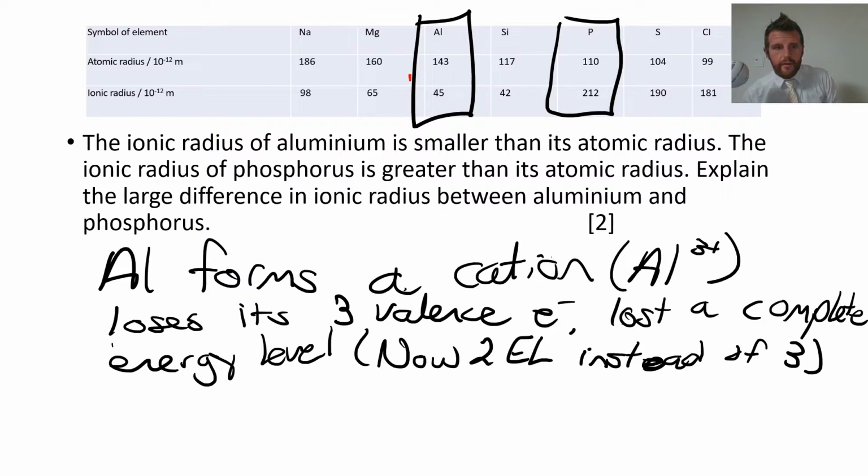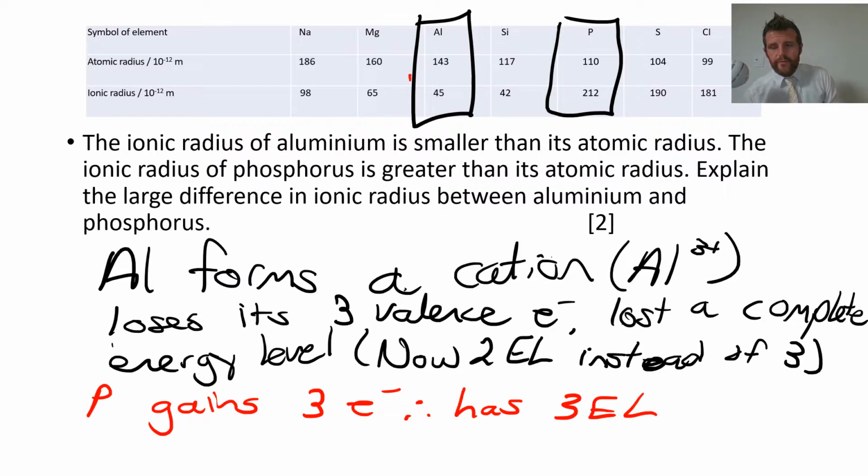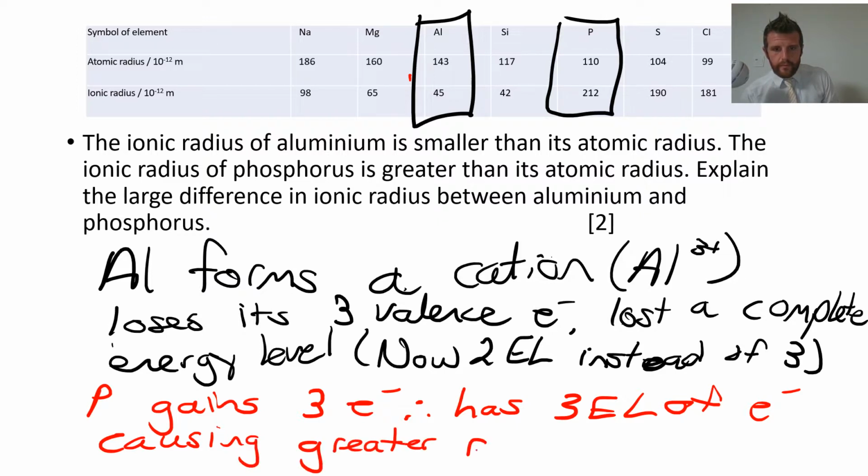Phosphorus, on the other hand, gains 3 electrons, therefore has 3 energy levels of electrons, causing greater repulsion, leading to a larger ionic radius.